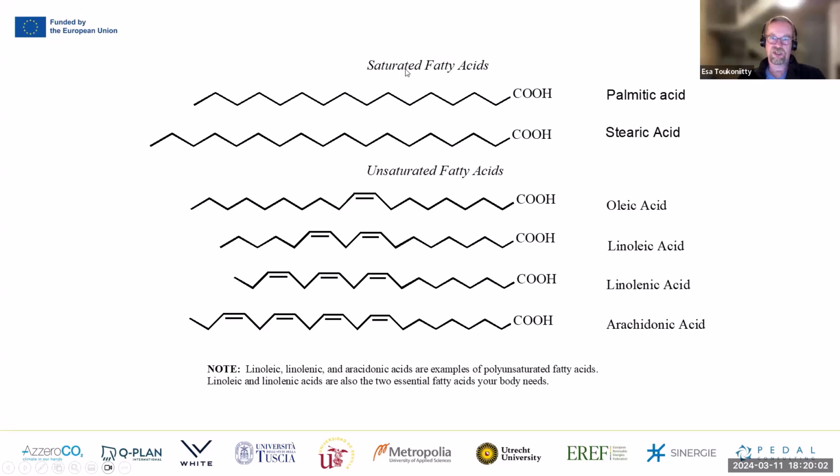Here are a few saturated ones, so no double bonds, like stearic acid, palmitic acid. And unsaturated fatty acids, here is monounsaturated, here is polyunsaturated, with several, here up to 4 double bonds in that fatty acid part.